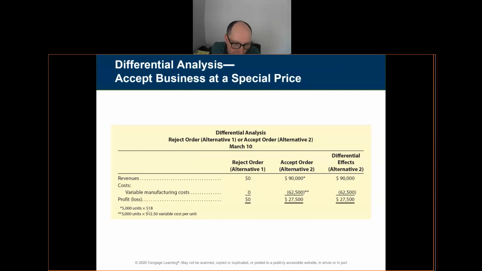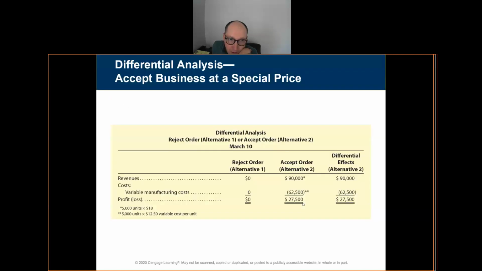If I produce my 5,000 units at $18 per piece, my potential revenue for this order would be $90,000. My variable manufacturing cost would be $62,500, giving me a potential profit of $27,500.